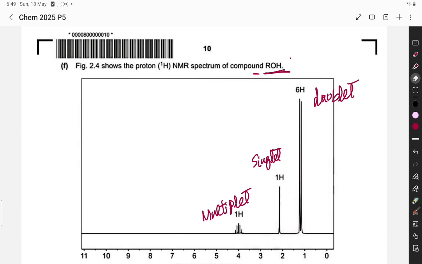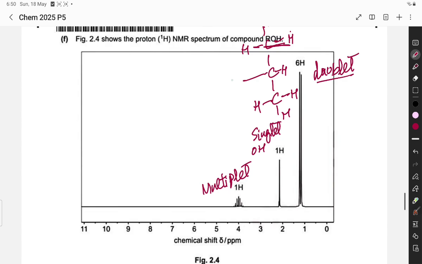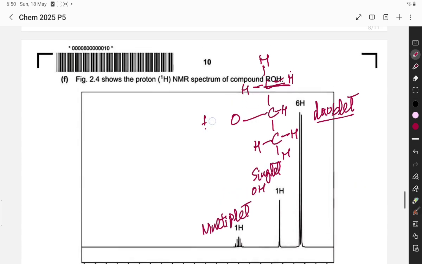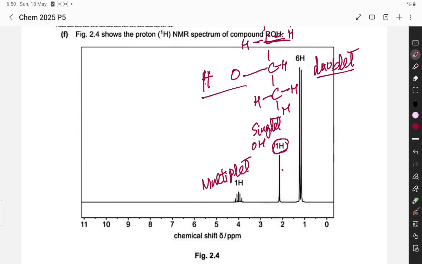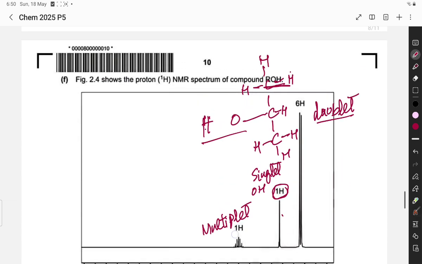This is the OH peak, and this is the 6H doublet, so the carbon has 6 hydrogen atoms. The OH is responsible for one hydrogen, so this is the OH peak, and this is the 1H multiplet peak.